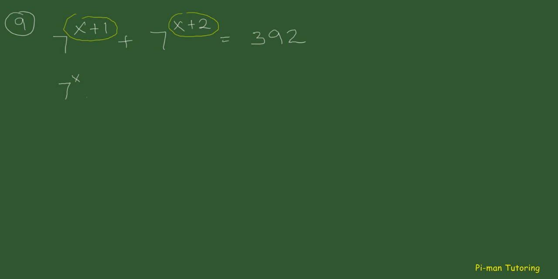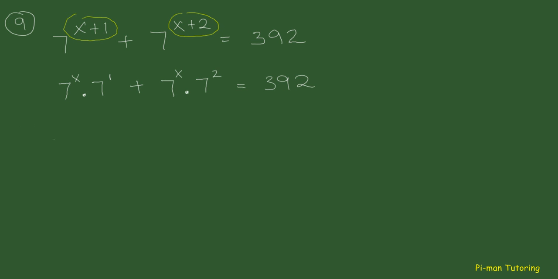So we have 7 to the x multiplied by 7 to the 1, plus 7 to the power of x multiplied by 7 to the power of 2 is equal to 392.